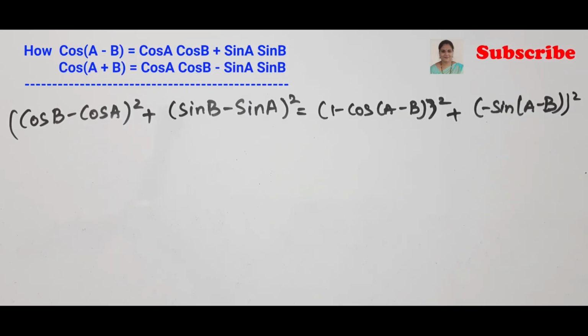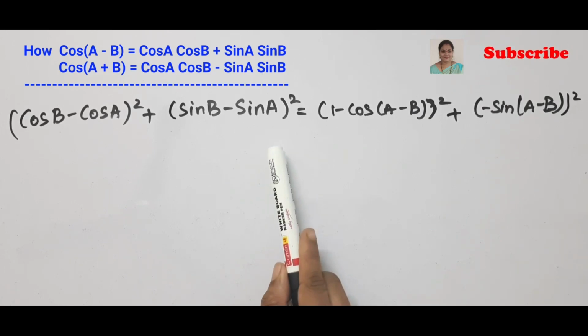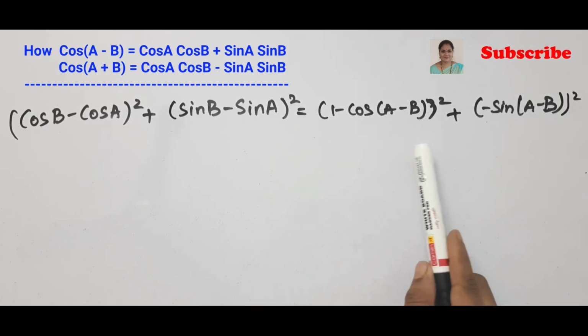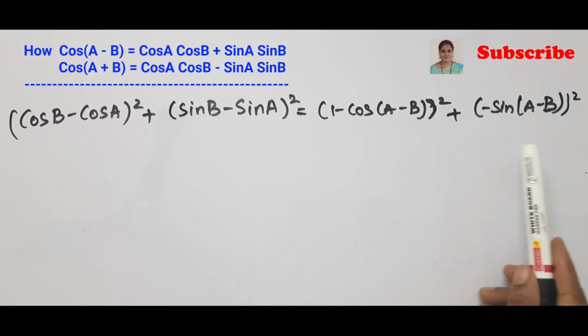Using the unit circle, we got cos B minus cos A whole square plus sin B minus sin A whole square is equal to 1 minus cos of A minus B whole square plus minus sin of A minus B whole square.